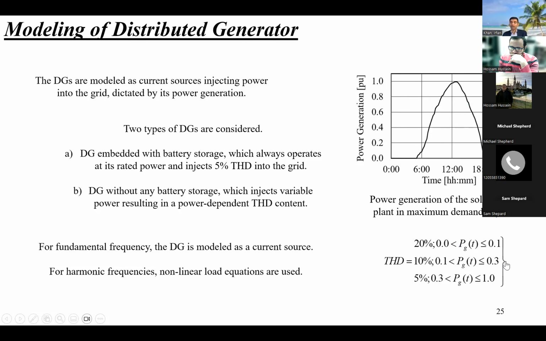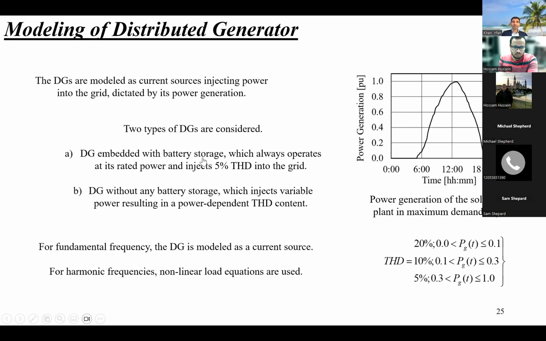But if the power output from these generators is less, between 10% to 30%, then the THD contribution is 10%. If we have less than 10% power output, which is most of the time, then we have 20% THD contribution.